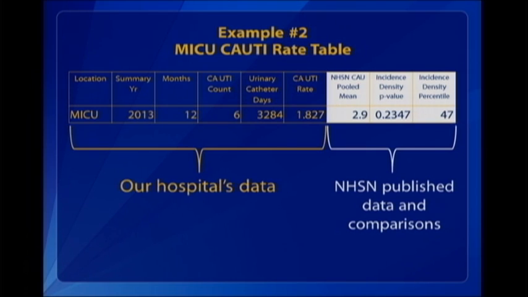All of the data on the left-hand side I've notated as our hospital's data: our infections that we identified, our catheter days, and our rate. But the columns in white are the NHSN published data and comparisons, and we provide you with that pooled mean, a p-value, and a percentile.